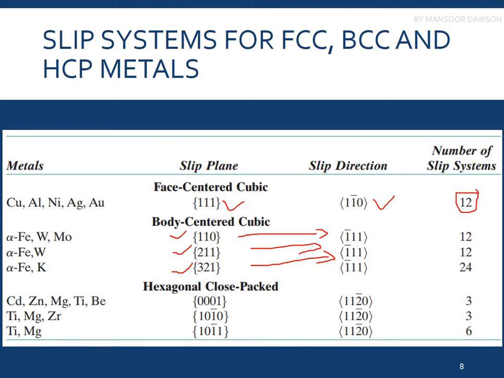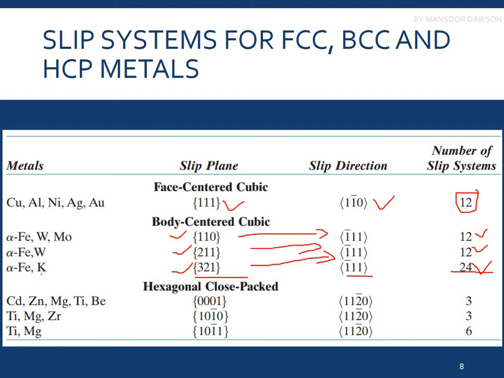The number of slip systems is 12, 12, and 24. So the minimum is 12 for FCC and BCC, while in special cases like 321, the total number of slip systems in BCC is 24, which is only in alpha iron and potassium.